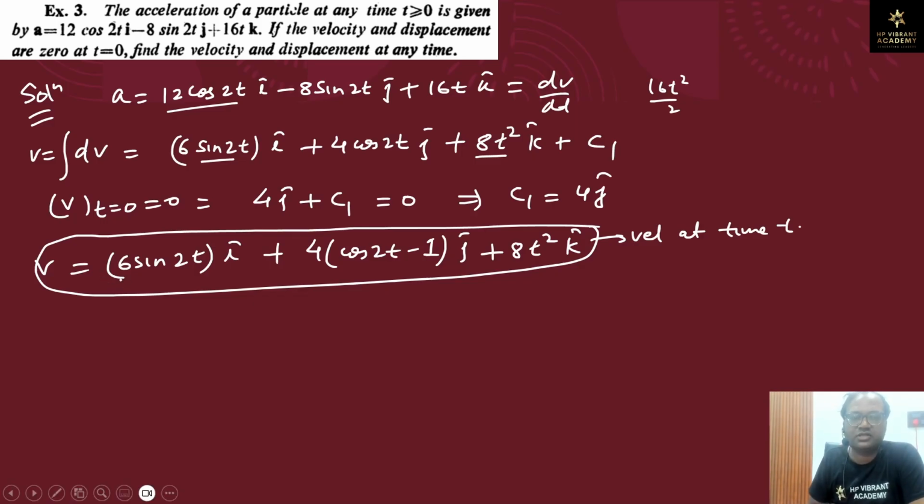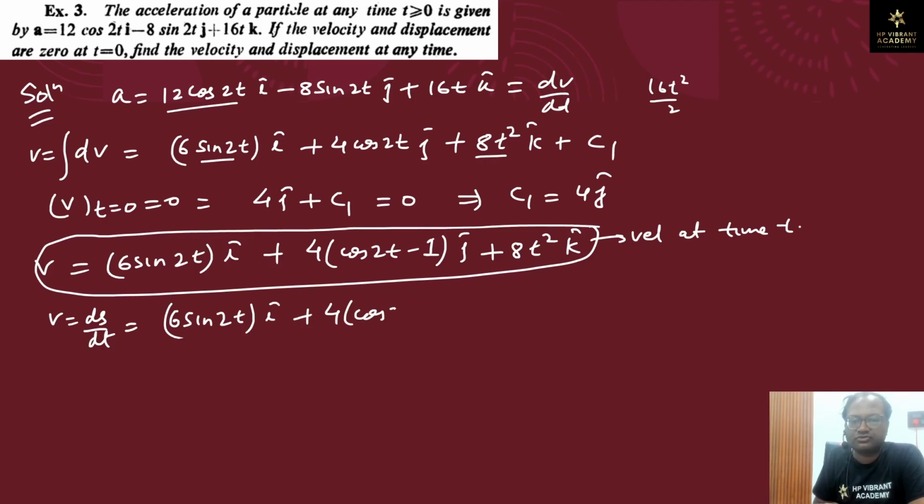Now let us find the displacement. If the velocity and displacement at time t is equal to 0 is 0, find the velocity and displacement. So now let us find the displacement. So we can write v is equal to ds upon dt. So this is equal to 6 sin 2t i cap plus 4 times of cos 2t minus 1 j cap plus 8t square k cap.